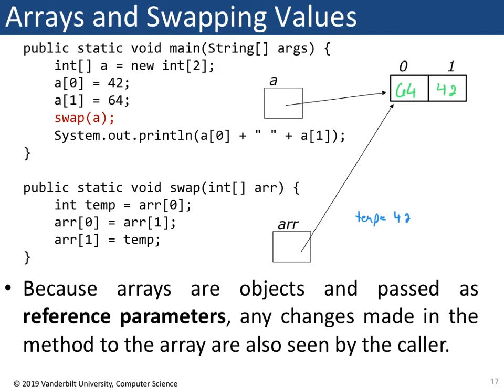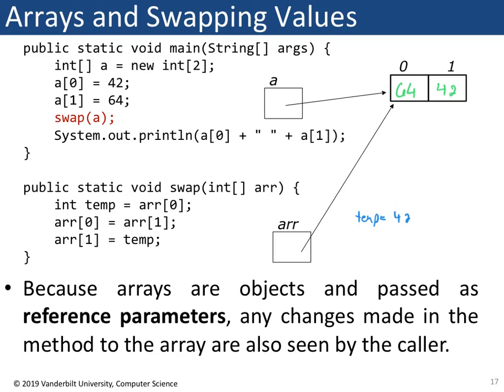Now, yes, we changed it in this method, but we changed it by using the address stored in ARR, which just happened to be the same address stored in A. So we went to this location in memory even though we were inside a method.